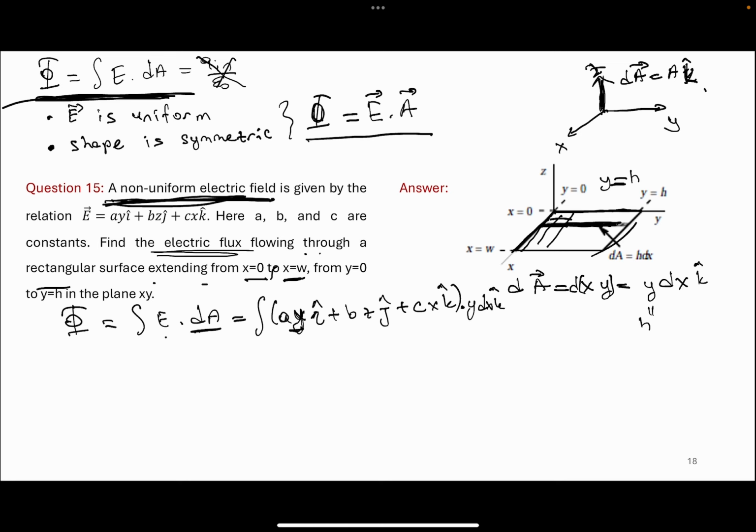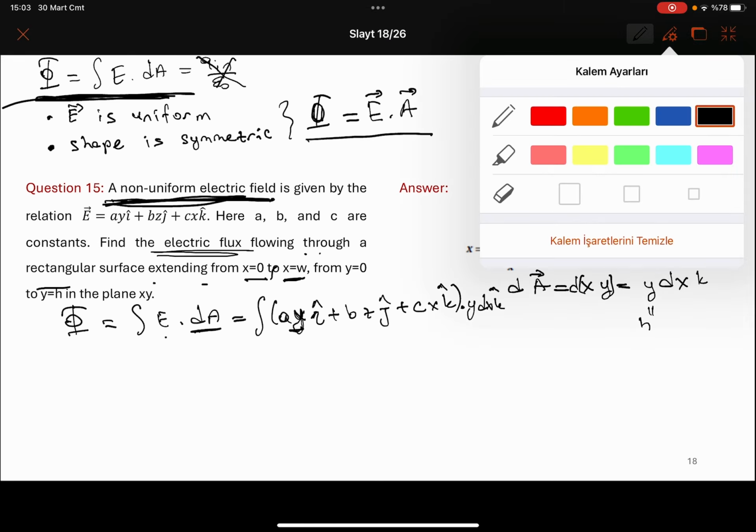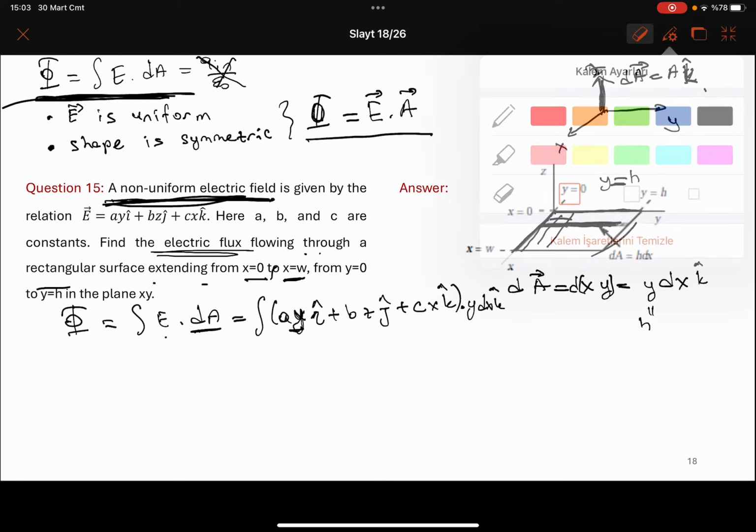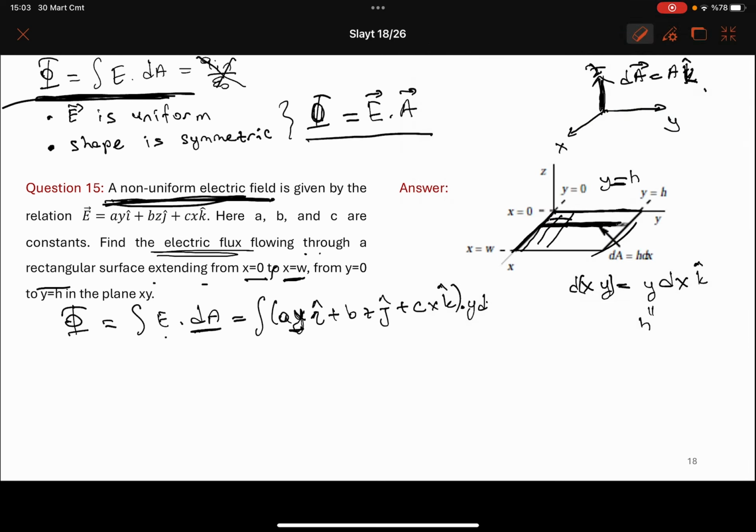I want to get rid of this from here. Maybe I can clean this part. Okay, now I will take the integral using dx. The integral based on dx, and it also gives the limits. It starts from 0 to w.